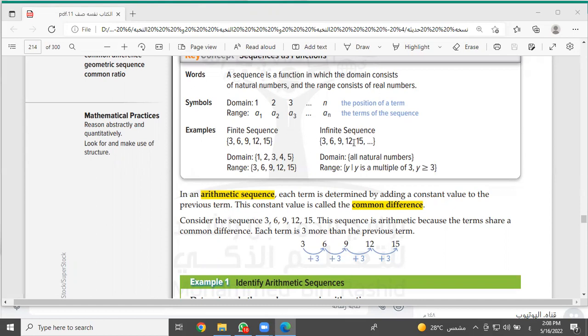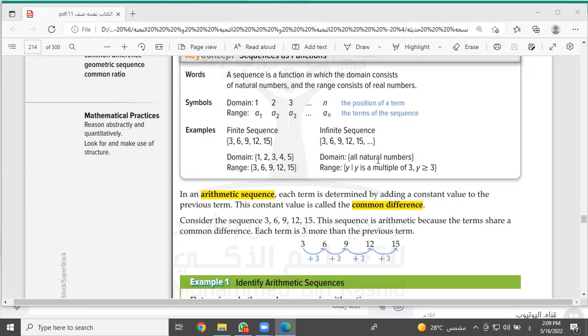But in an infinite sequence, 3, 6, 9, 12, 15, and so on. The domain for the finite sequence starts by 1, 2, 3, 4, and 5.